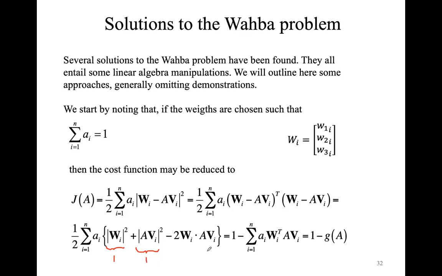By definition, 1 plus 1 is equal to 2, and since we have written that the sum of i from 1 to n of the coefficients ai is equal to 1, this first part will be the sum of i from 1 to n of 2ai.